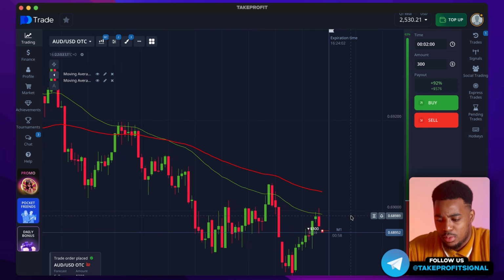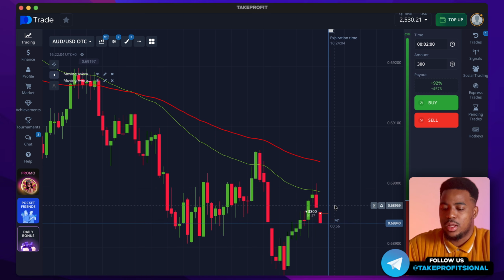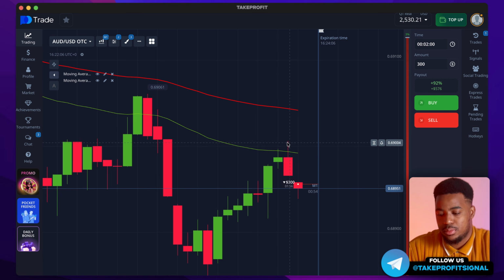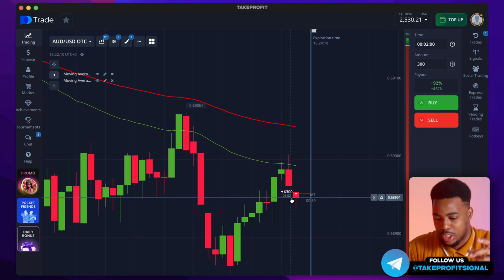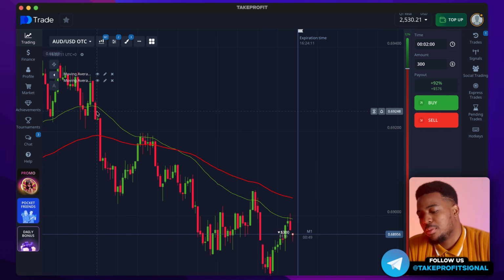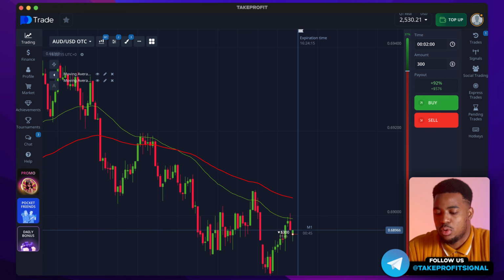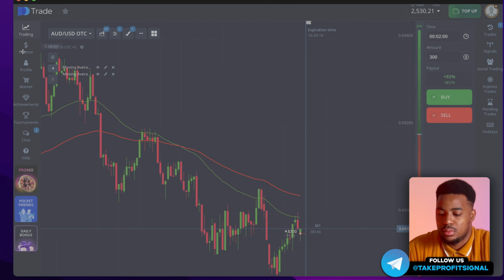I believe it's absolutely reasonable to assume that there will be a correction in the market. Moreover, after forming such a pattern that additionally indicates a decline, the market has long been in a downward trend. So we open the trade according to the trend.